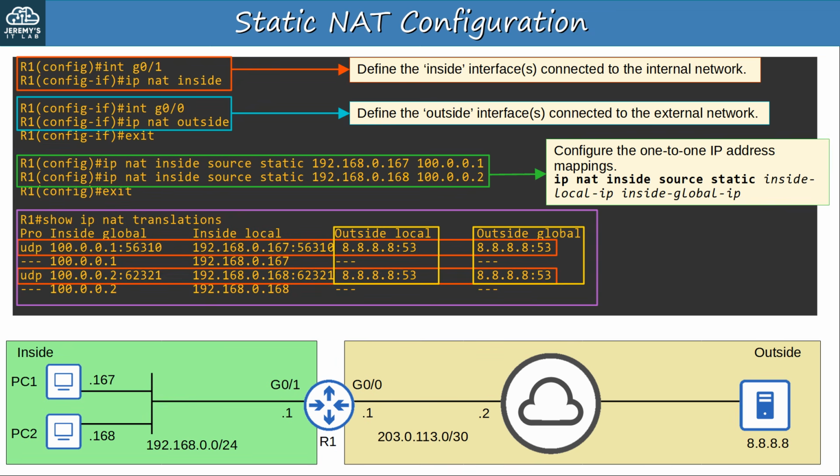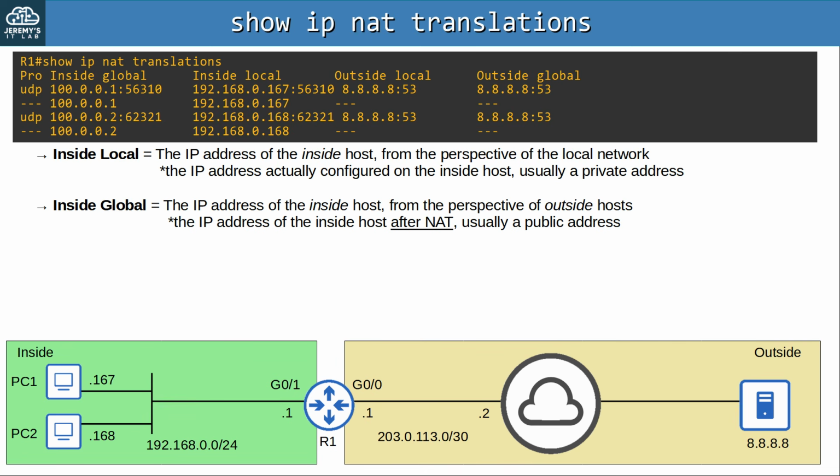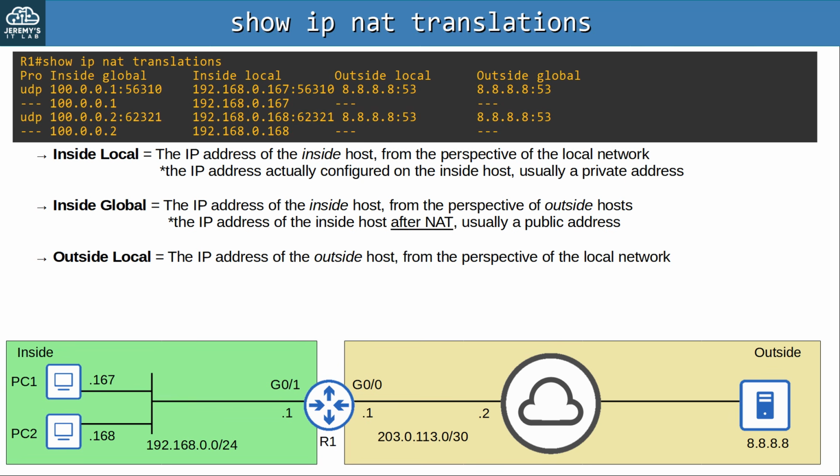Okay, these last two columns introduce two new terms, outside local and outside global. Let me explain those. You already know about the inside local and inside global addresses. The outside local address is the IP address of the outside host from the perspective of the local network. So, for example, from PC1's perspective, the server's IP address is 8.8.8.8, so that's the outside local IP address.